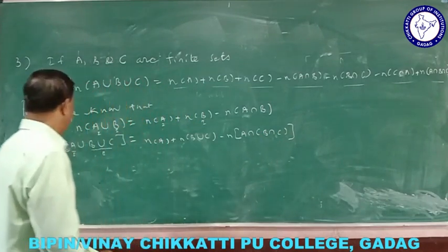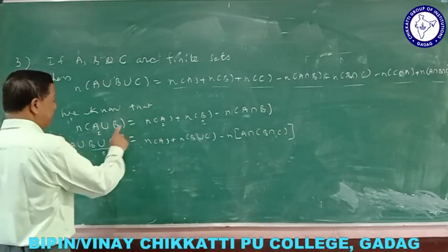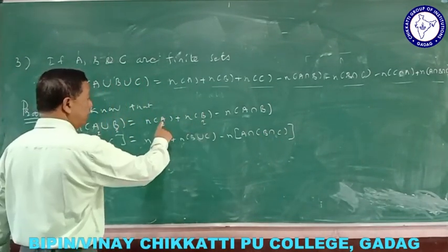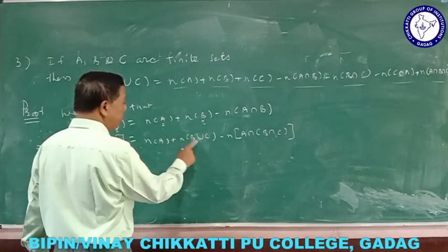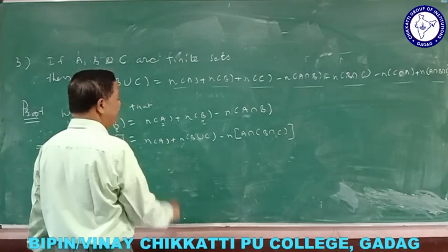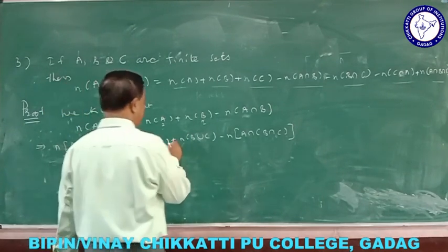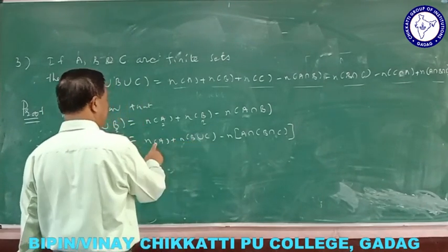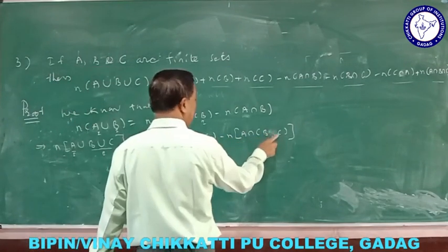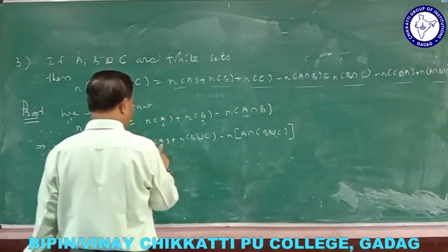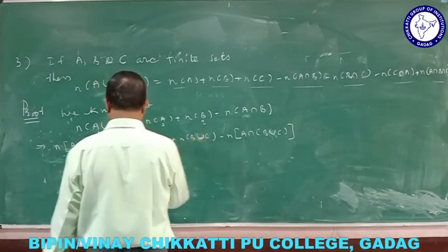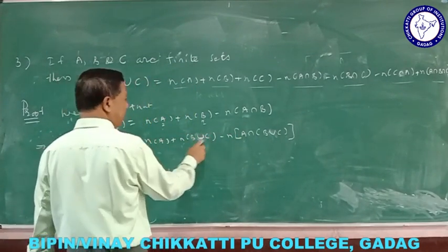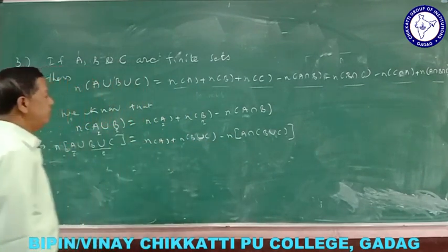How did you get n of A first, n of B, then A intersection of this and A intersection of this, and this intersection here? Here also you have written the intersection of this. This is A intersection of, here you see, B union C. See, this is first, second, their intersection, and this is the case.